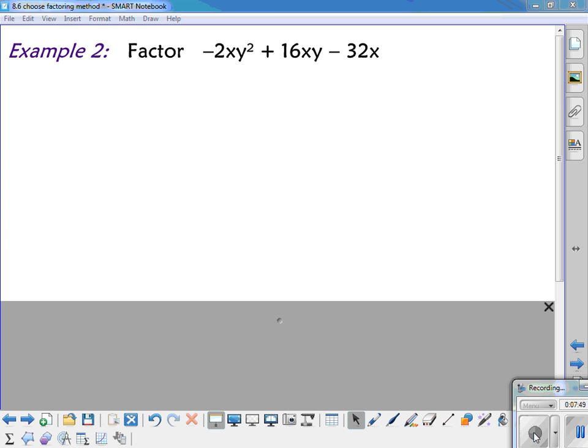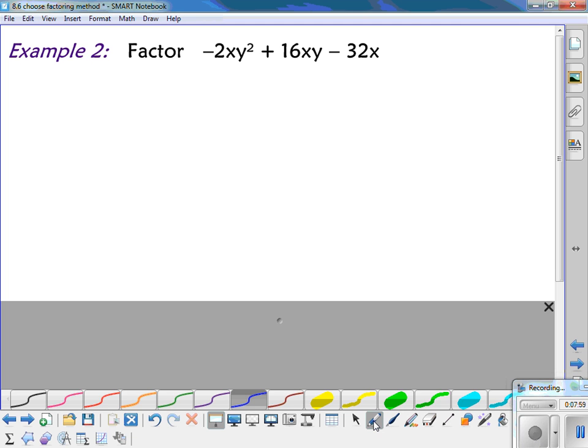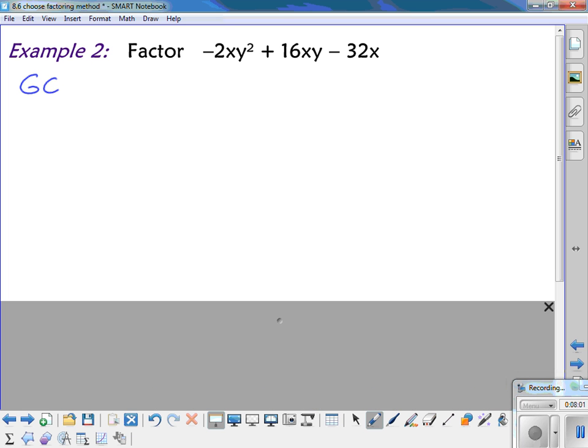Okay, so I've got an example here. Negative 2xy squared plus 16xy minus 32x. So first of all, I'm going to look for a GCF. Well, right off the bat, I see that my leading term is negative. Do I like having a negative out in front? No, I don't. So I'm definitely going to take out a negative.